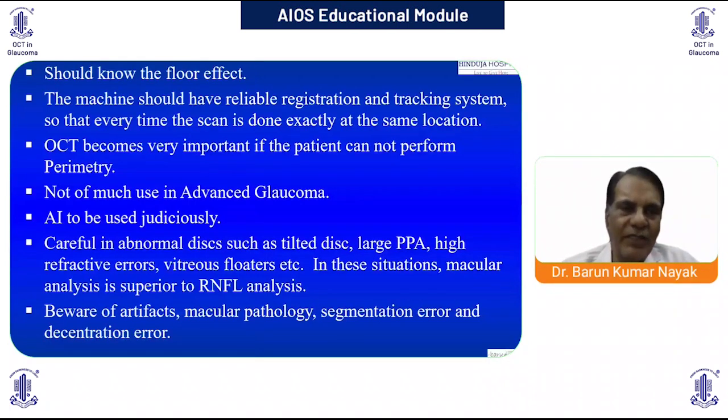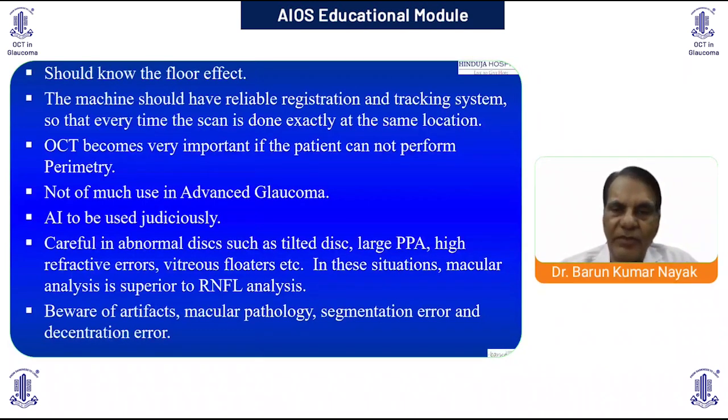When the retinal nerve fiber layer thickness is reducing because of degeneration of the nerve fiber layer, certain glial tissue, supportive tissue, and blood vessels remain stable. So if all the nerve fibers have degenerated, it is the rock bottom measurement that we are getting. Less than that, we cannot get. Therefore, we must realize the floor effect whenever we are assessing progression.